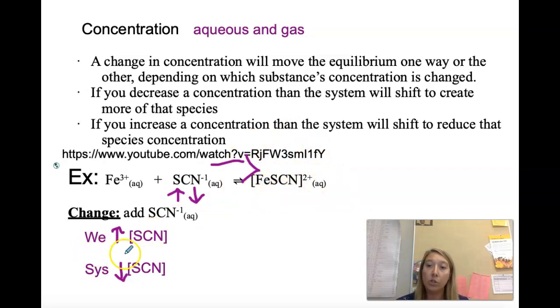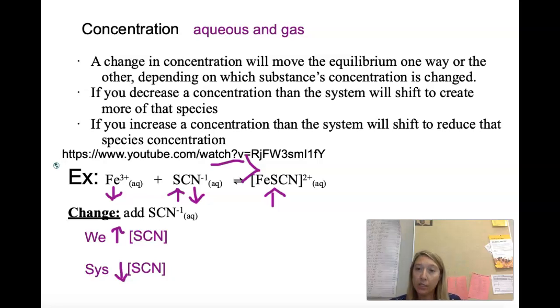So although we didn't do that initially, by the system shifting, it will impact that as well. So again, my arrow is going to the right. It's going away from the iron 3, so that means this concentration is going to decrease. It's going towards the FeSCN2+, so this one is going to increase, okay? So that's how concentration changes work.